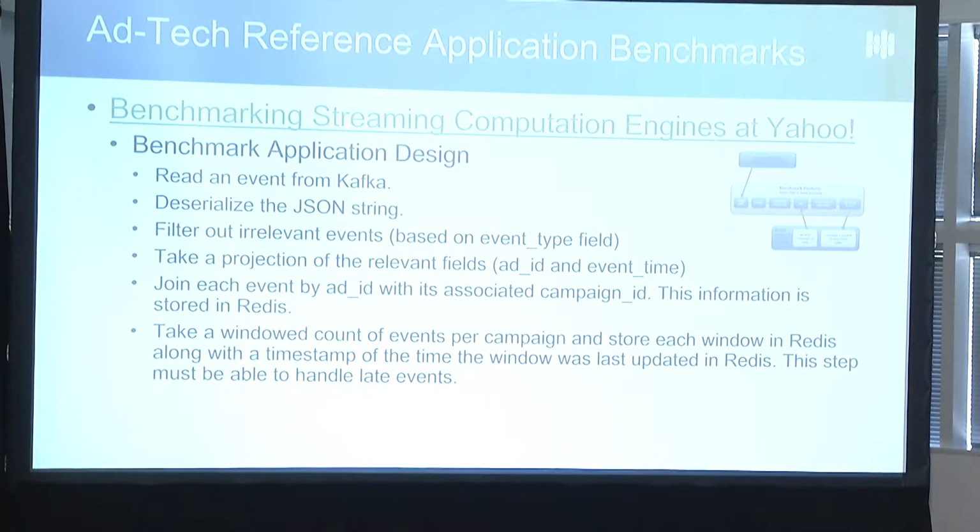So that covered the applications that we use to benchmark the platform itself. And now I move towards the application that we use to compare various streaming engines, and that application was initially developed by Yahoo, and it simulates a use case in ad tech.